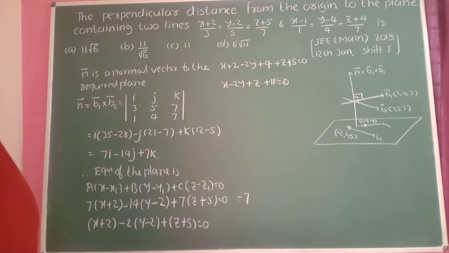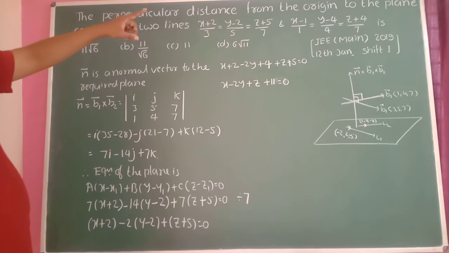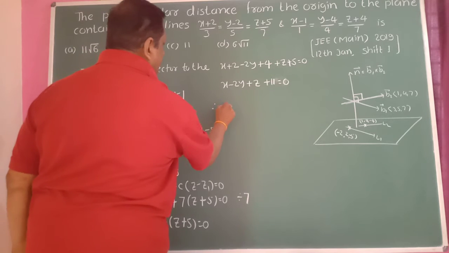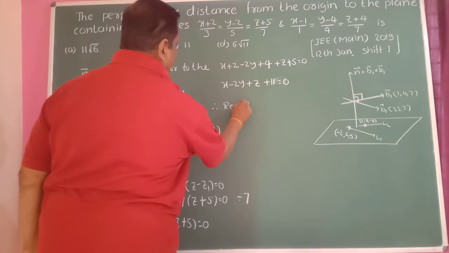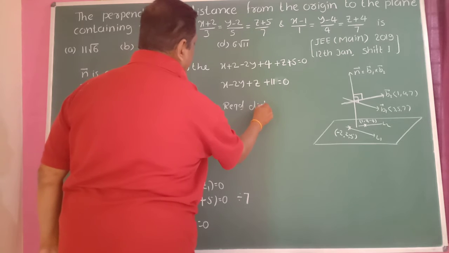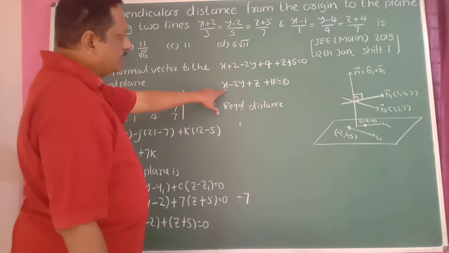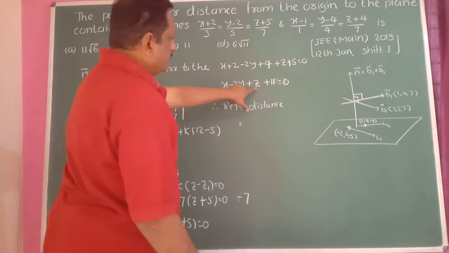Therefore we want the perpendicular distance from the origin to this plane. Required distance from the origin: put x value 0, y value 0, z value 0.